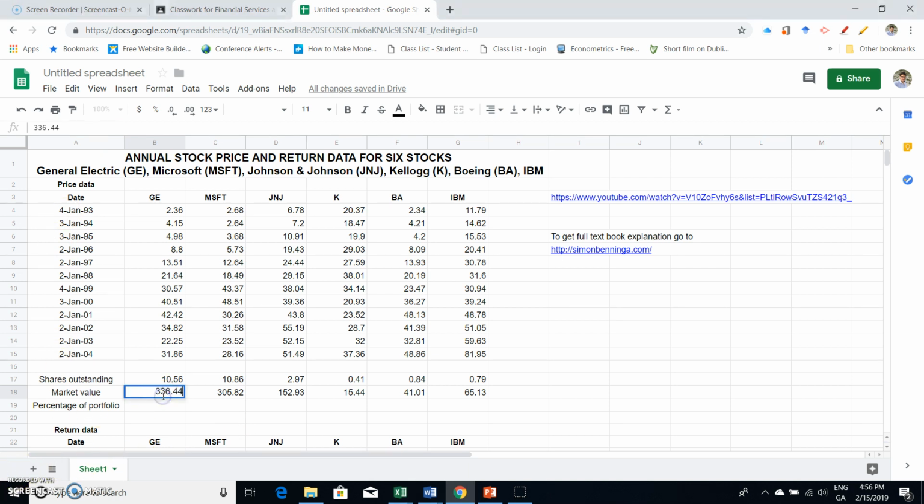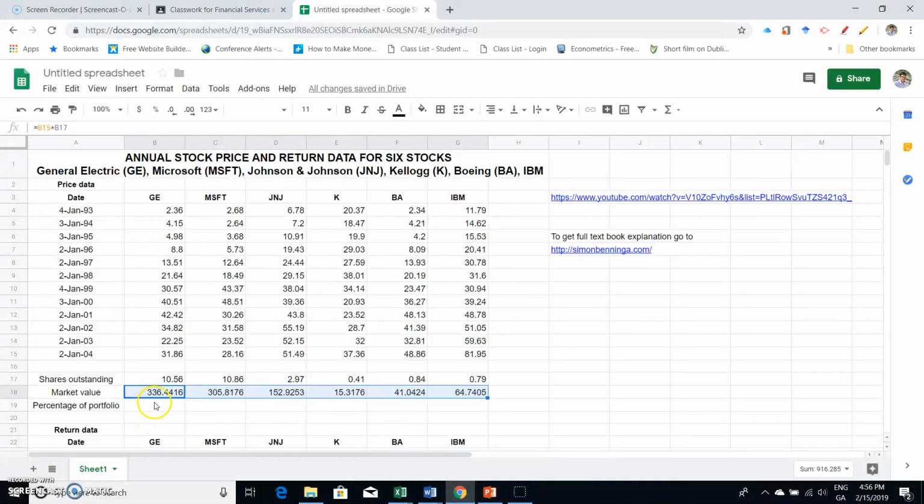So in this cell here, again we're working in Google Sheets, we take the stock price on the last trading day in the first column for General Electric, and multiply by the 1056, which is probably 10.56 million shares, and we get a market valuation. We can pull it across.